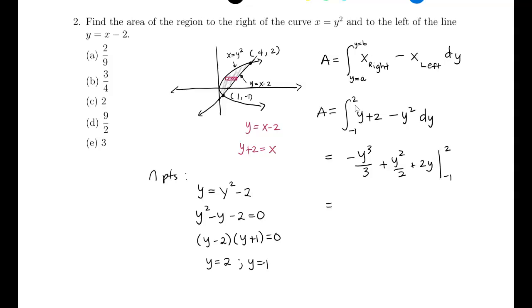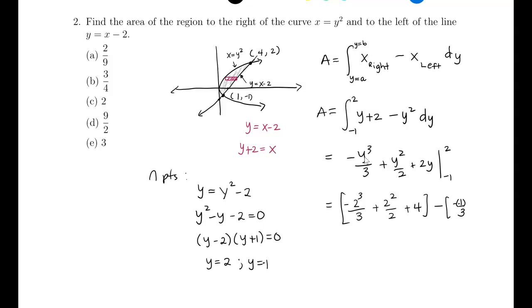Okay, so plug this in. We have negative 2 cubed over 3 plus 2 squared over 2 plus 2y, 2 times 2, which is 4. I'll just write that as 4. And then minus, whatever the result here, minus negative 1/3, because negative 1 cubed is negative 1, and there's a negative sign here.